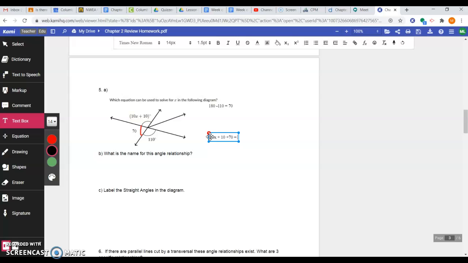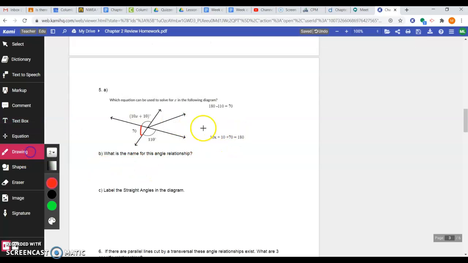That has to equal 180 because, again, that's a supplementary relationship that's creating a straight line there. And so when it asks for the name of the relationship, well, I'm using this relationship right here, and you can name it down below. It's kind of a bad question because there's other ones you maybe could use, but you can use this relationship here to answer this question.